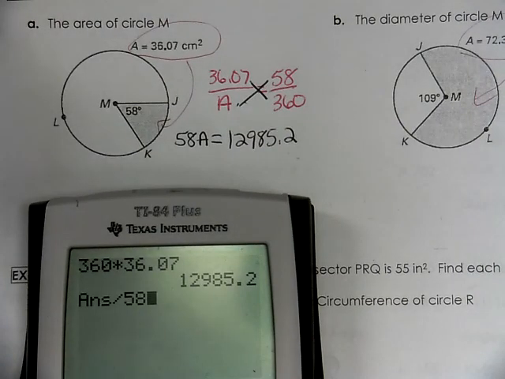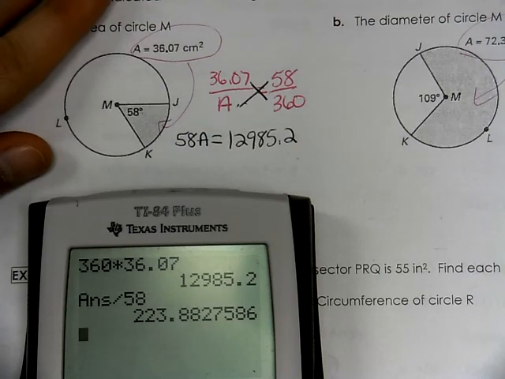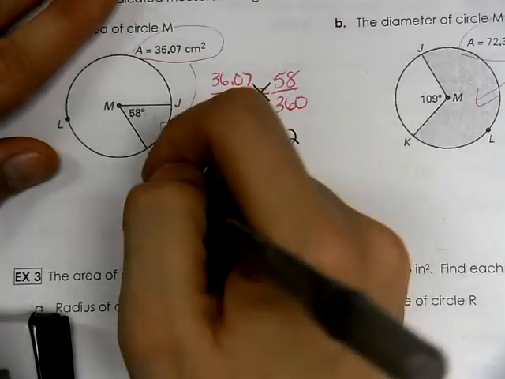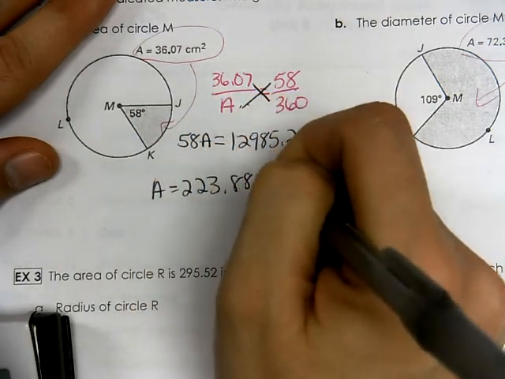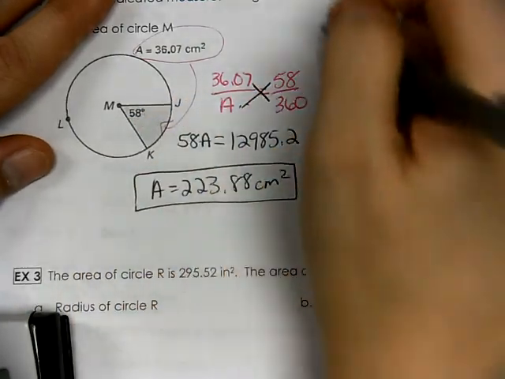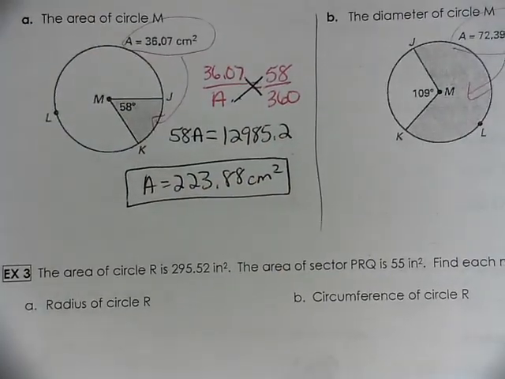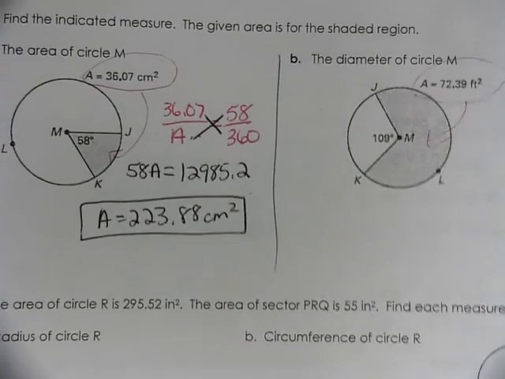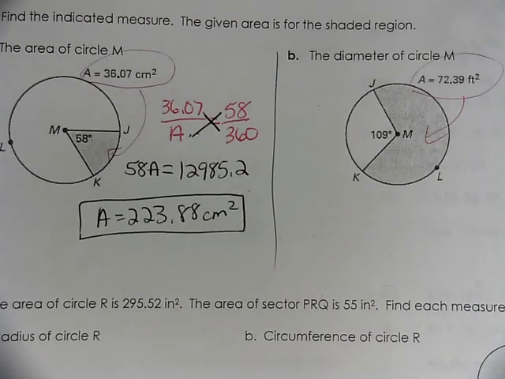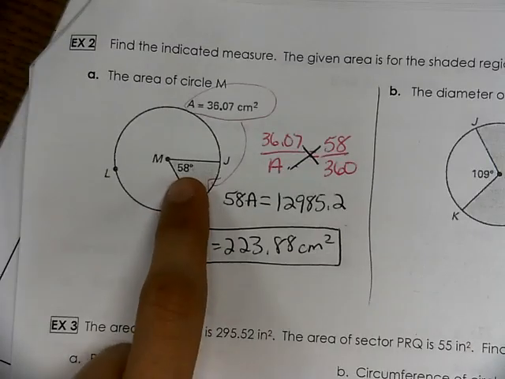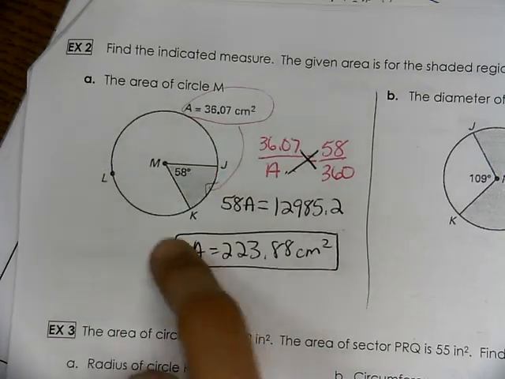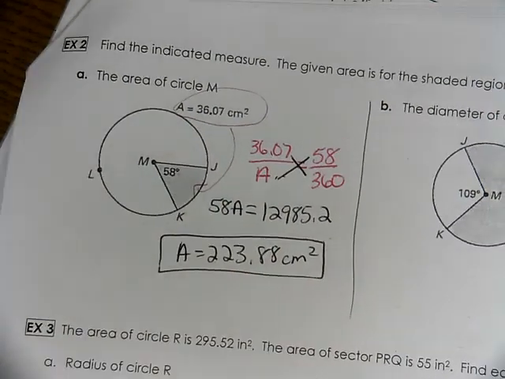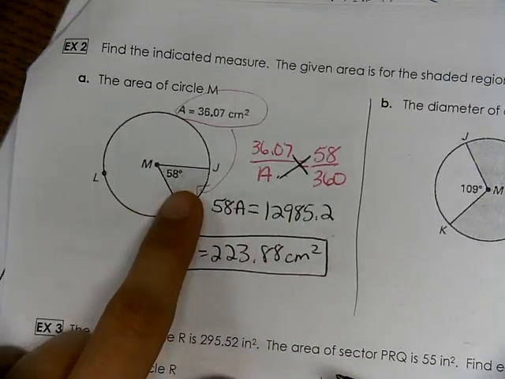Then divide by 58. 223.88 centimeters squared. So that's the area of the whole circle if you're given the area of just one shaded region. Now, if this was a quarter or something like 60 degrees, we could take this whole thing and multiply it by 6 or something. But that's just too easy. So that's why we give you a weird number.